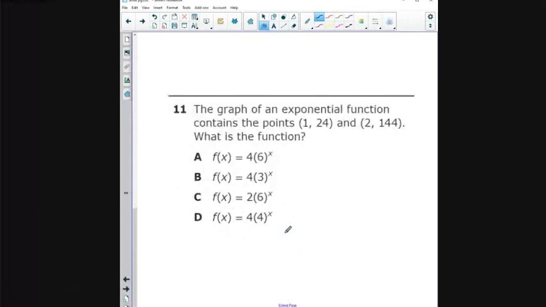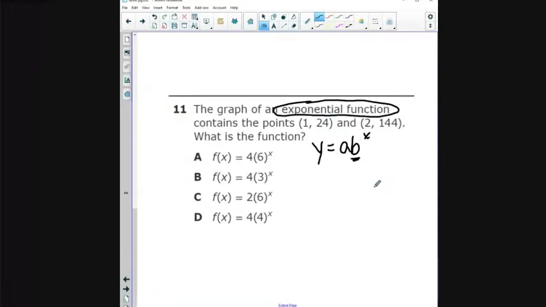Number 11 says, the graph of an exponential function contains the points (1, 24) and (2, 144). What is the function? Okay, so here we're going to work this one out together. There's several things we could do. First of all, remember that if the question says exponential, you should think y equals a b to the x power.